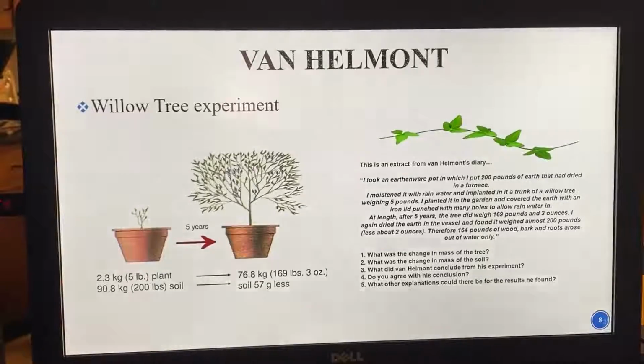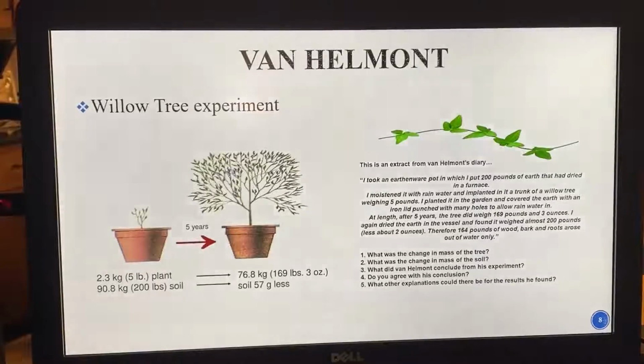So what he said was that water must be the thing that is driving this growth, because that's the only thing that he added to it. And he calculated all the water that was added to the tree. And out of that 164 pounds, wood, bark and roots arose out of water only.